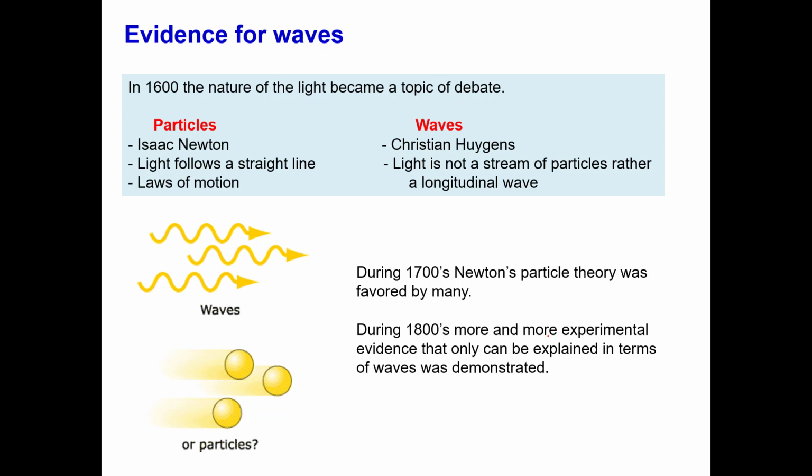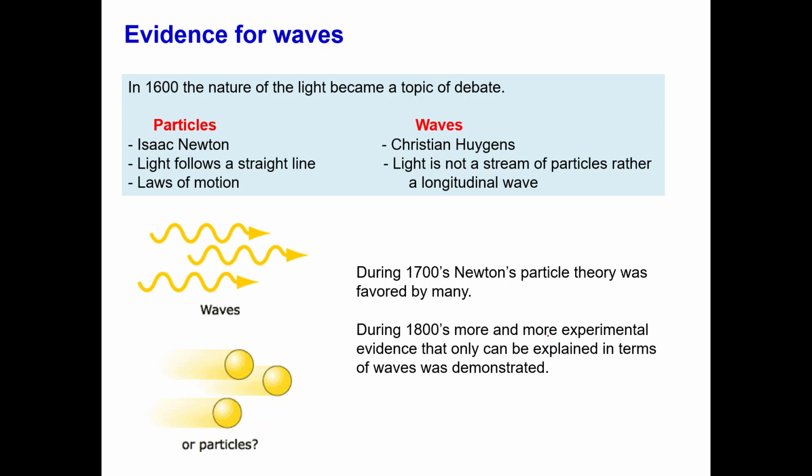Then what happened is, in 1600, the nature of light became a topic of debate. Why? Because Isaac Newton believed the nature of the light was particles, means we can assume the light are particles.